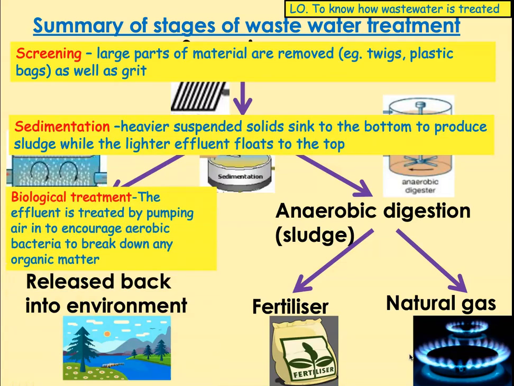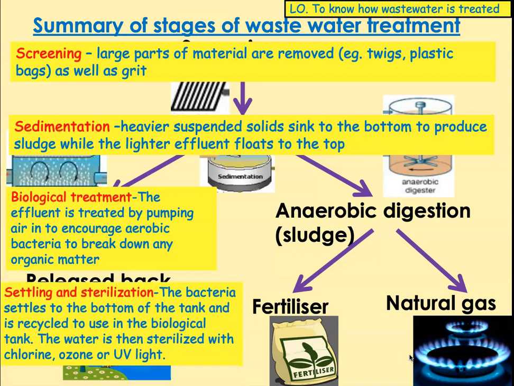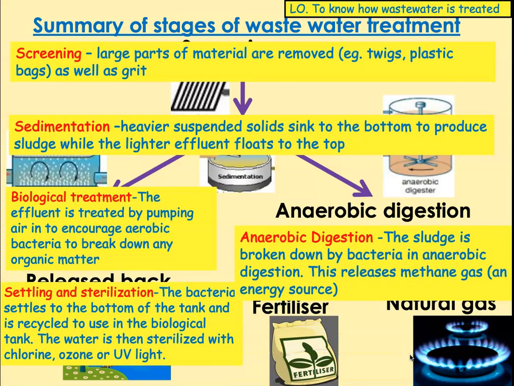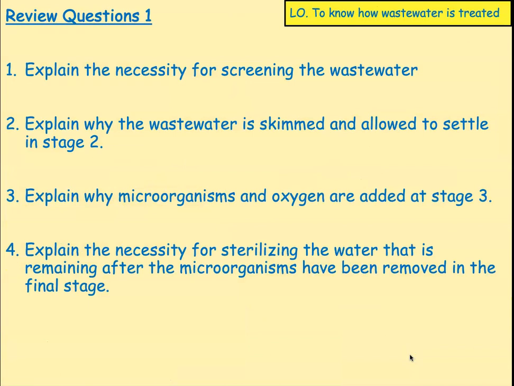You've got aerobic respiration whereby microorganisms basically digest the organic matter with oxygen, and then we can release it back into the environment after we sterilise it. The solid bits are broken down by anaerobic digestion by microbes. Then it'll either go to a fertiliser or to renewable energy.